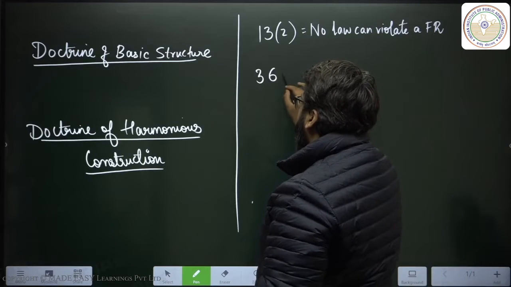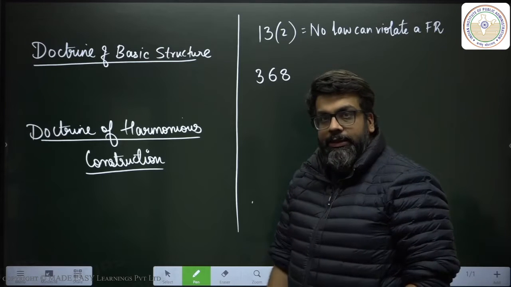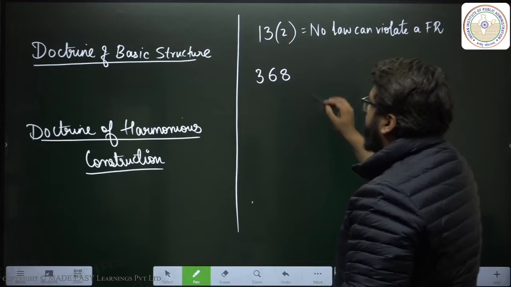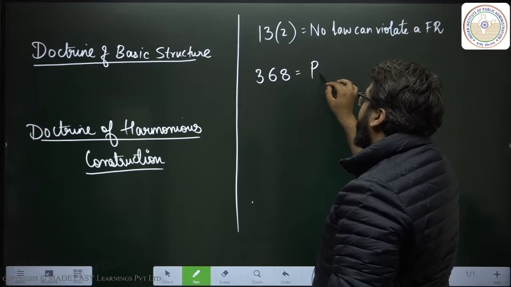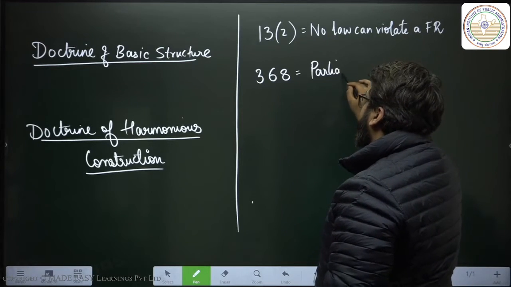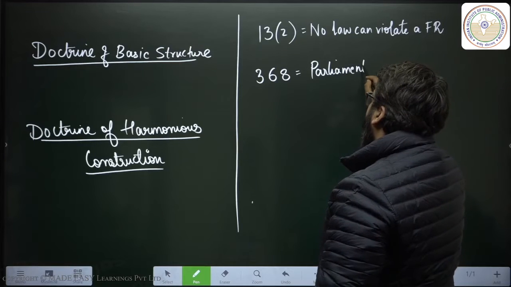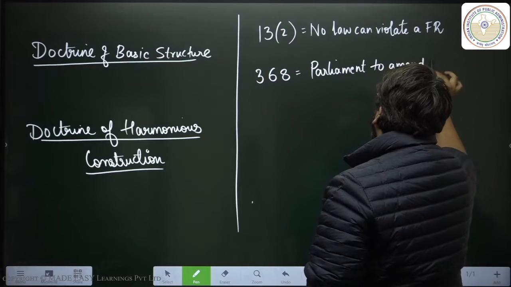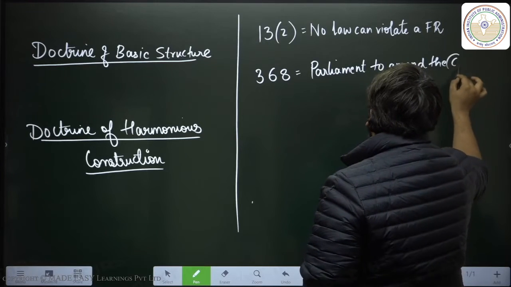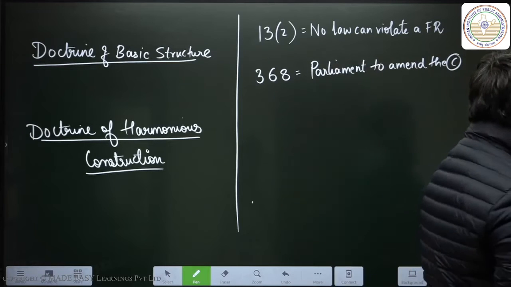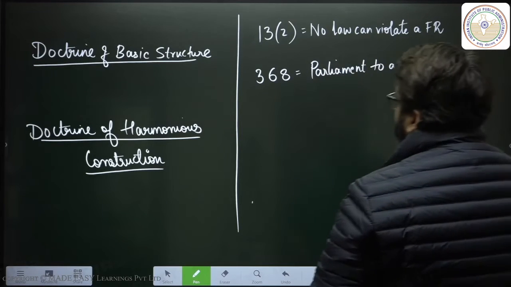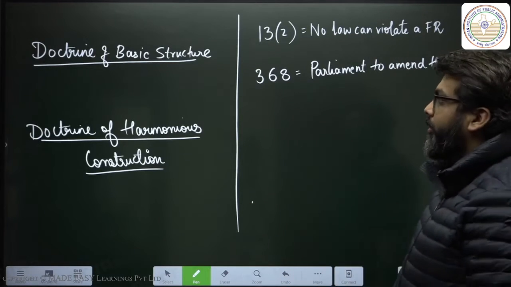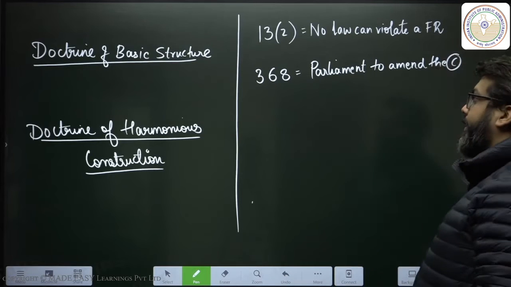Then we will have Article 368. And here under Article 368, this is nothing but the Parliament's power or the Parliament's procedure to amend the Constitution. To amend the Constitution. These are the two background provisions that are going to be used to understand the basic structure and the harmonious construction doctrine in an amount of detail.